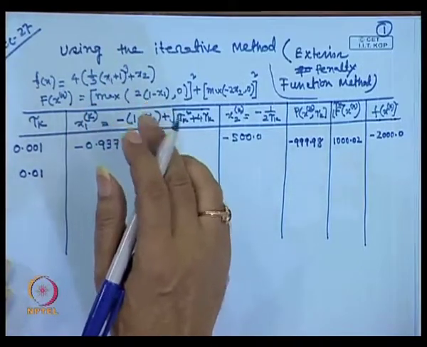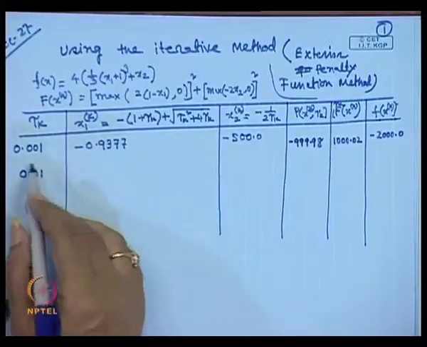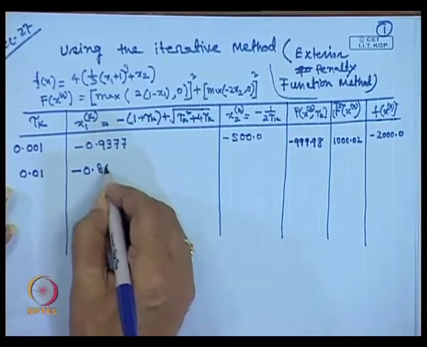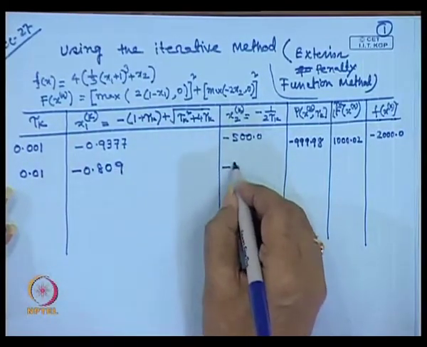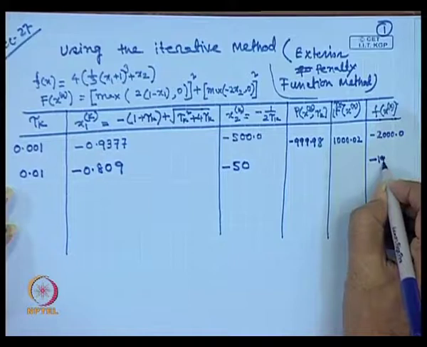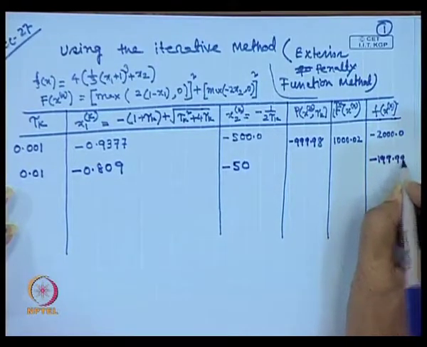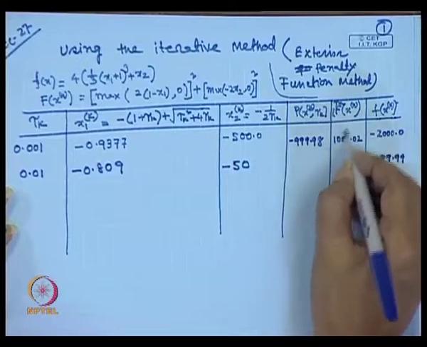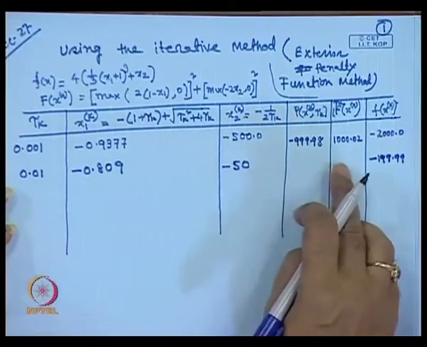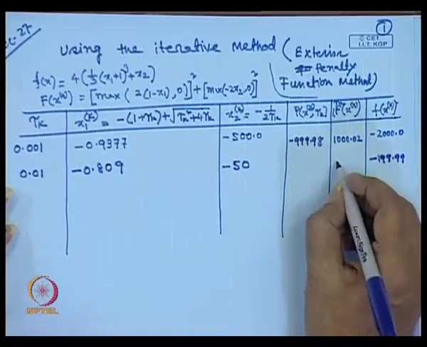So, next value is 0.04597 minus 5, and this value will be minus 19.79, and this value will come 10.85, because when you put these values x1 x2 here and multiply by lambda k, this value is what I am representing here. So, this plus this will be minus 8.938.